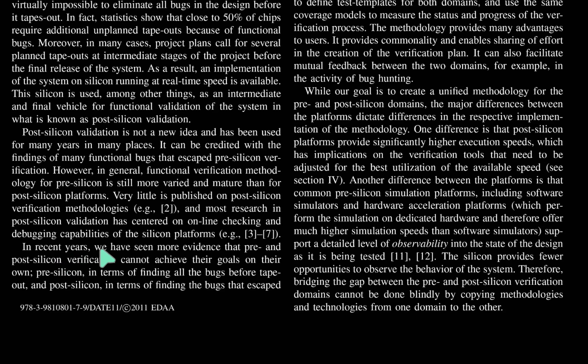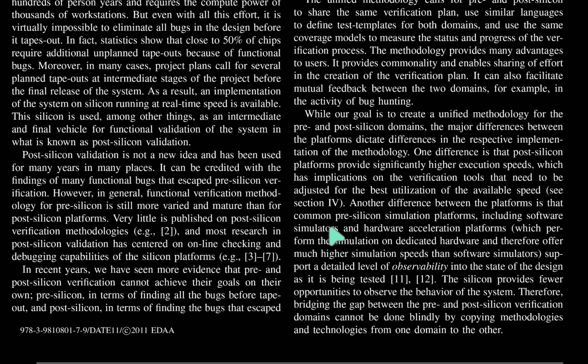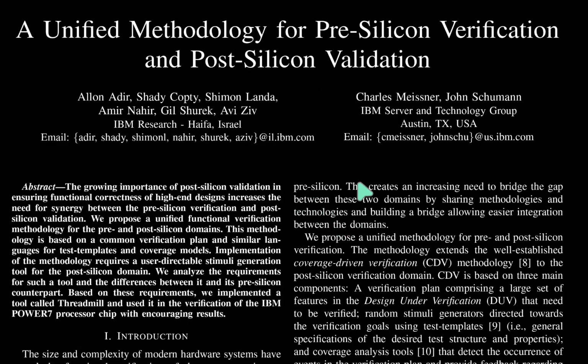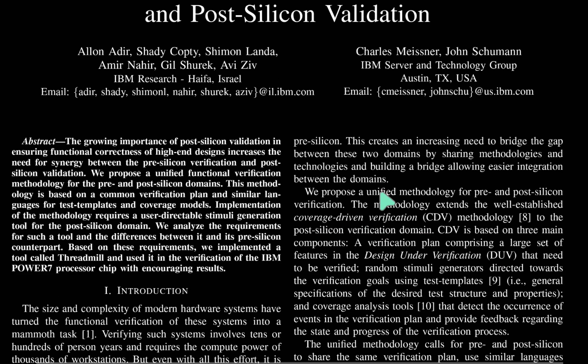In recent years, we have seen more evidence that pre- and post-silicon verification cannot achieve their goals on their own: pre-silicon in terms of finding all the bugs before tape-out, and post-silicon in terms of finding the bugs that escaped pre-silicon. This creates an increasing need to bridge the gap between these two domains by sharing methodology and technologies and building a bridge allowing easier integration between the domains.